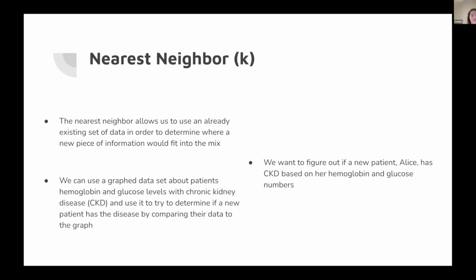I might call it that for short because it's easier. It's patients with chronic kidney disease, their hemoglobin and glucose levels. We're going to use that information to figure out if an undiagnosed patient has the disease based on their hemoglobin and glucose levels as well. In this case, her name is Alice. So we're going to try and diagnose Alice.